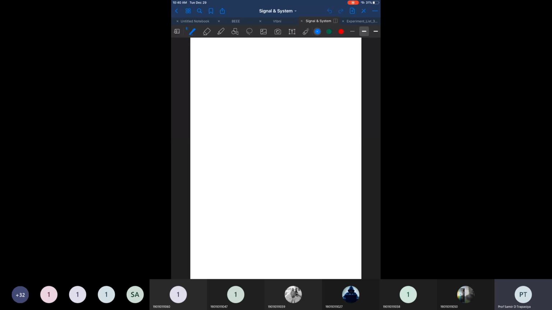So first, you need to determine the suitable measure of the signal. For which kind of signals will we have to find the suitable measure?